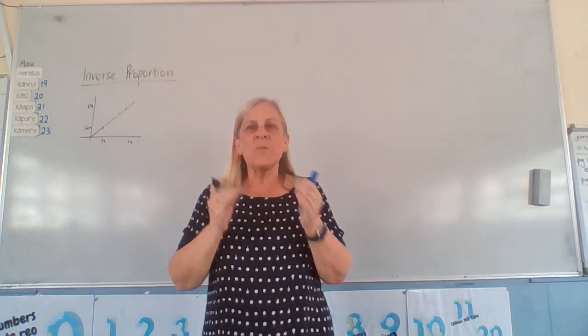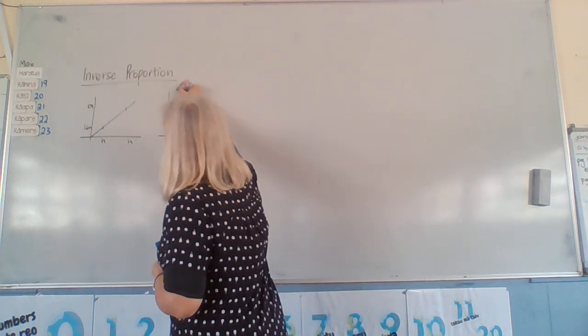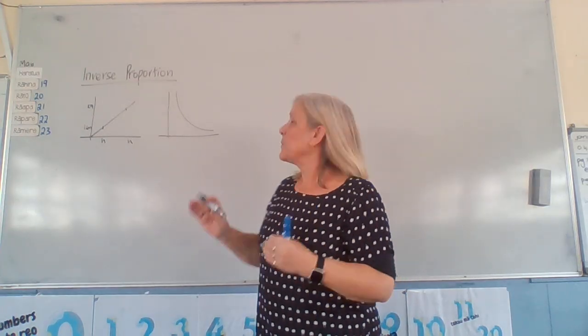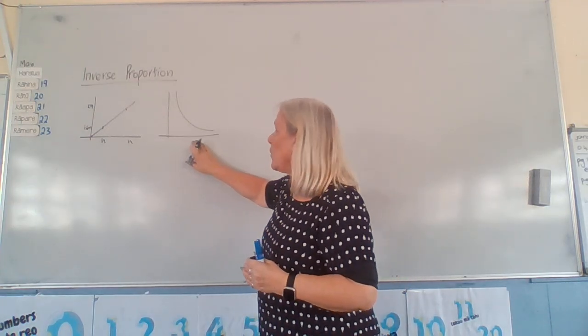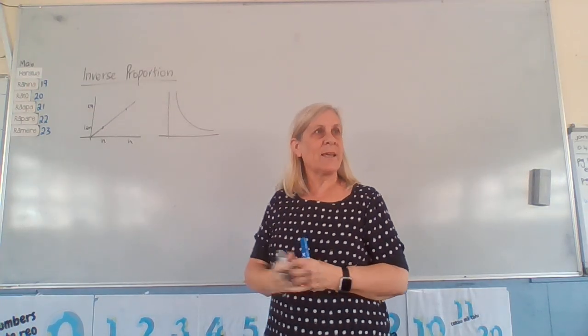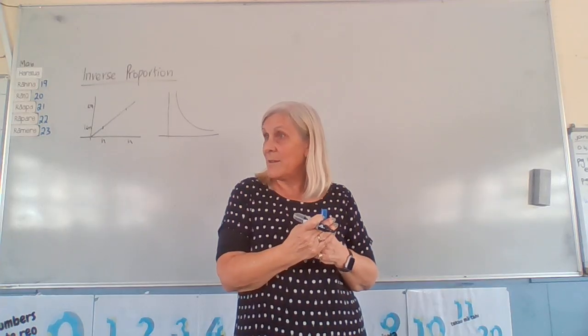But for an inverse proportion, it's different. The graph in an inverse proportion looks like this, okay? Because what it's saying is the more whatevers we get, the less of this it will take. So the more painters we have, the less time it will take, right?